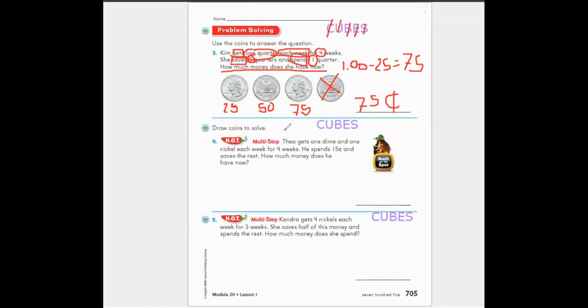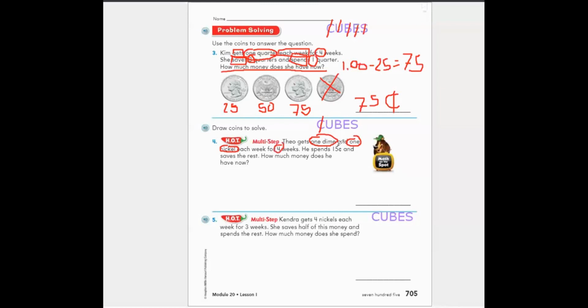Okay, next question. Theo gets 1 dime and 1 nickel each week for 4 weeks. He spends 15 cents and saves the rest. How much money does he have now? So first, circle the numbers. Theo gets 1 dime and 1 nickel each week for 4 weeks.